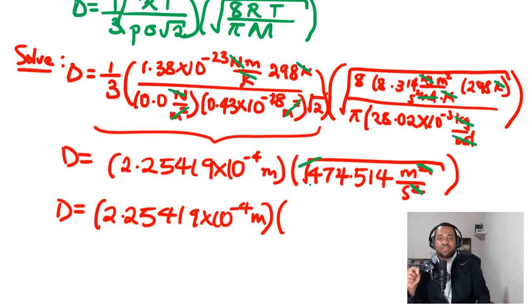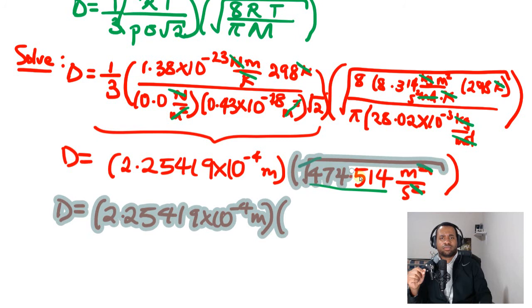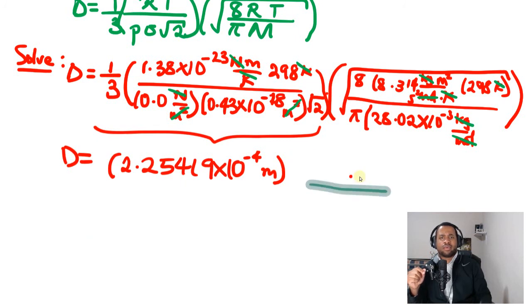So our meter squared is going to be cancelling with our square root, and we're left with our meter, and then our seconds squared will cancel in terms of the squared, and we're left with the seconds.